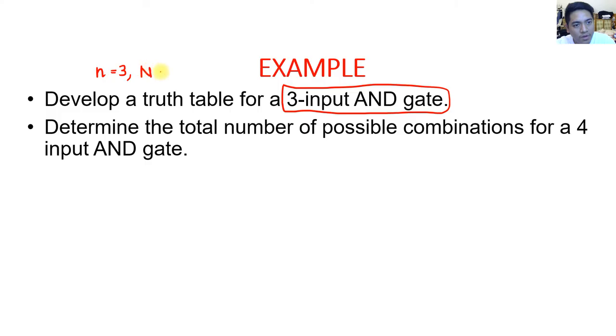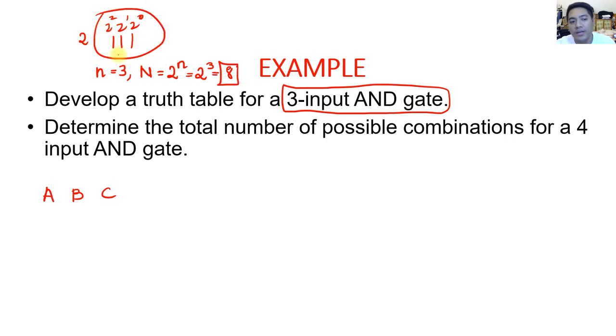Therefore, the number of total combinations is 2 raised to n, which is 2 raised to 3, which is 8. So I'll start with inputs A, B, and C. Now, using binary, this is 2 raised to 0, 2 raised to 1, 2 raised to 2. This is such a good guide for the unique combinations of the inputs.